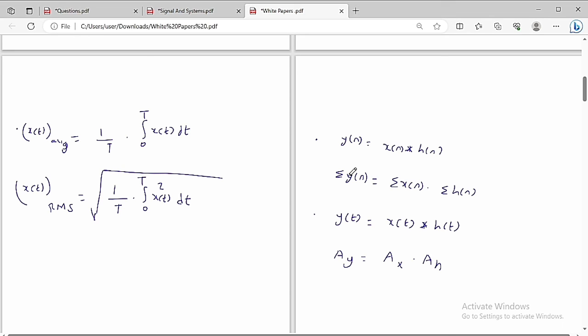Similarly, if y of t is equal to x of t convolved with h of t, then the area under the y of t graph is equal to the area under the x of t graph into the area under the h of t graph. So these two points you always have to keep in your mind.